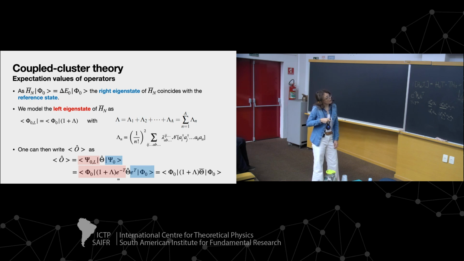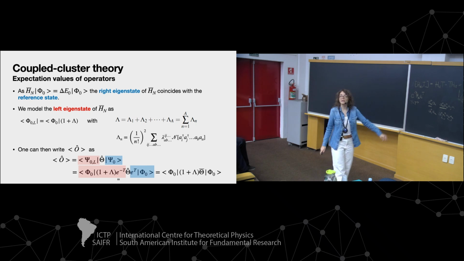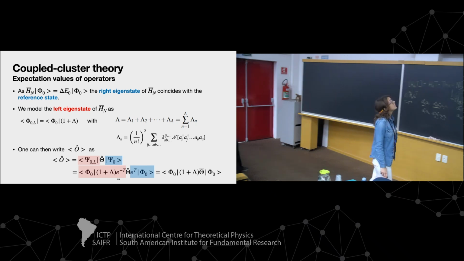This will be our ansatz for the left ground state, which will be a bit more complicated, and then the usual coupled cluster ansatz for the right ground state. And this is our final expression, the actual one that we will use when we are interested in expectation values.